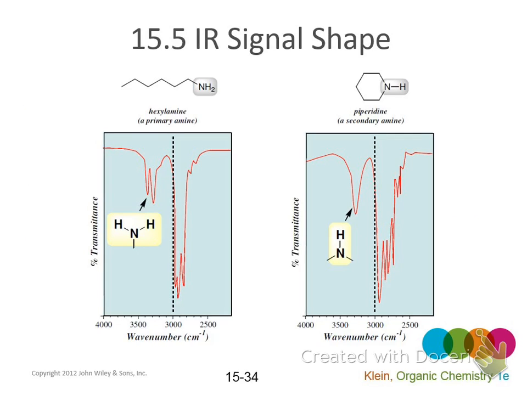So here's an example of a primary amine on the left, and here's an example of a secondary amine. Okay? And what do you notice about the primary amine? It's got 2 peaks on it. It's not as big as you would expect to see for an OH. Right? OH you expect to be much larger. And the peaks aren't as wide. They're a little bit more narrow.